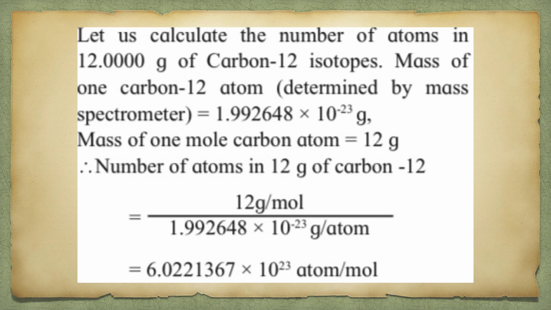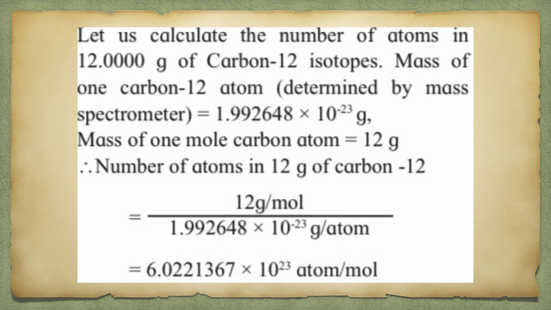atoms per mole. Like a dozen, one dozen of bananas will contain 12 bananas. Similarly, 1 mole of any substance will contain 6.022 × 10^23. If it is atoms, it will be atoms. If it is molecules, it is going to be molecules, and so on.